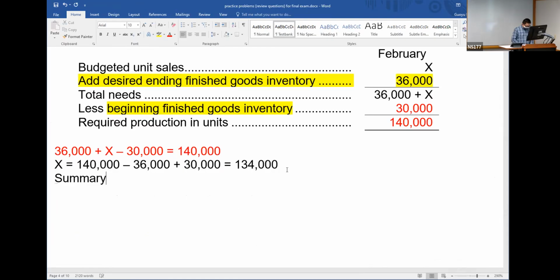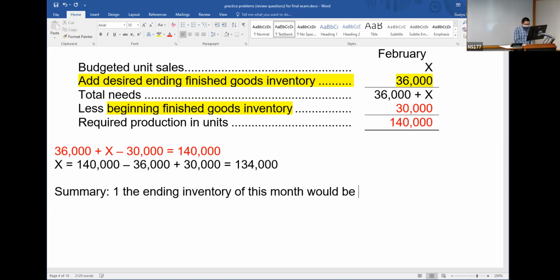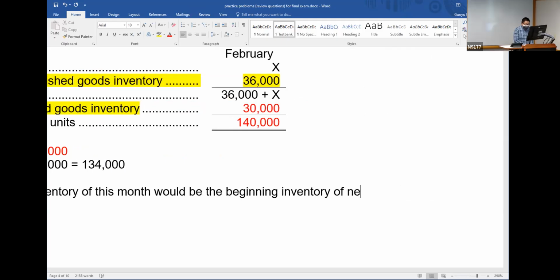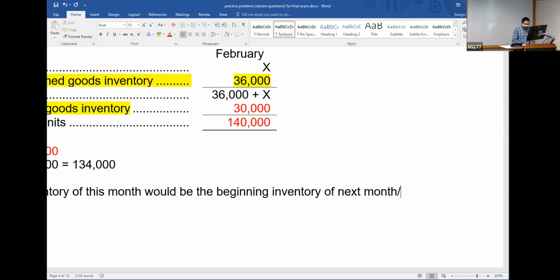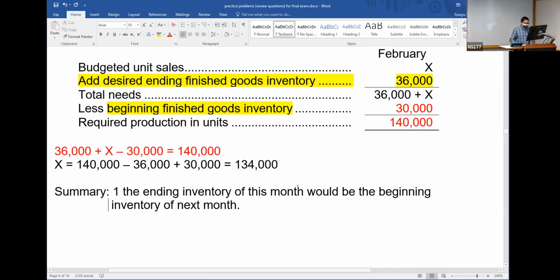First, the ending inventory of this period would be the beginning inventory of the next period. This can give you some information that we need to solve the question.